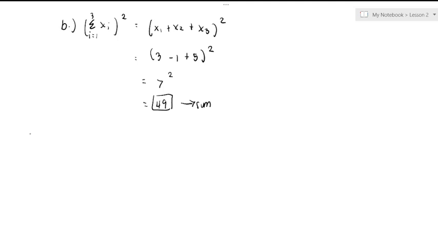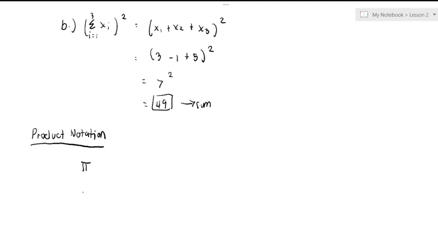Let's have product notation. Okay. So, sa product notation, we will use the Greek pi to use for a product sign.